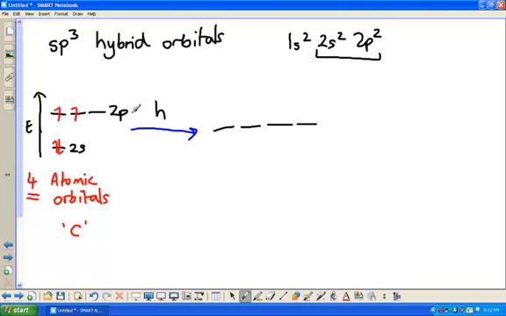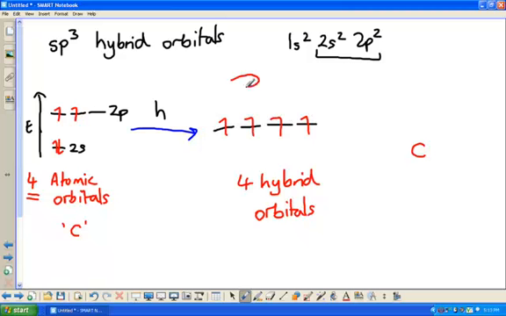And this hybridization occurs when the carbon comes into contact with hydrogen that, for example, it wants to form bonds with. We have 4 atomic orbitals. They all mix, and we get out 4 so-called hybrid orbitals that, now notice I've drawn them this way, they're all degenerate, they're all of the same energy, and they all also have one electron. So if we go back to our carbon, each of these hybrid orbitals has a particular shape. It looks kind of like this.